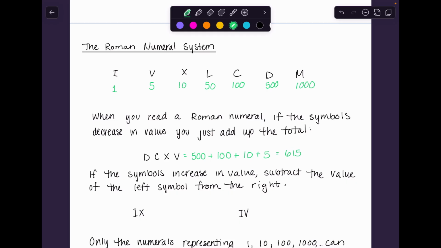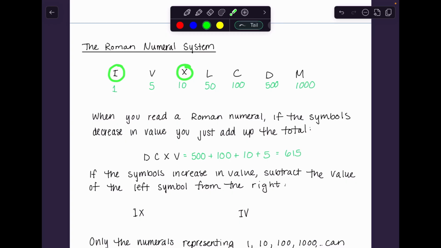The problem again comes into play for when I have the numbers 4 or the numbers 9. I don't want to have to write 4 I's. So instead, what I'm going to do is I'm going to say I have 1 less than 5. So that's an example that you've probably seen on a clock. Same thing if I have IX, that tells me it's going to be 1 less than the number 10. So that represents 9.